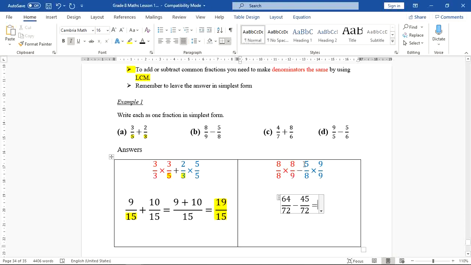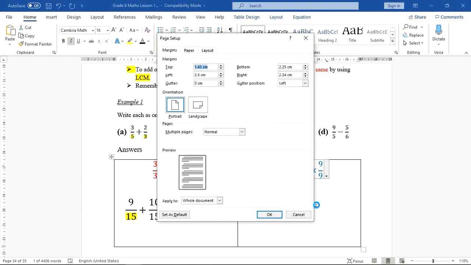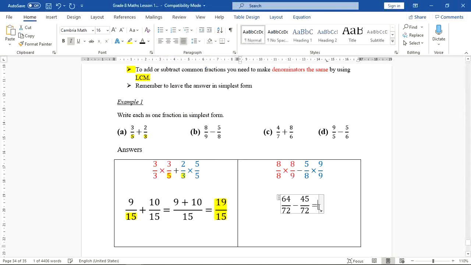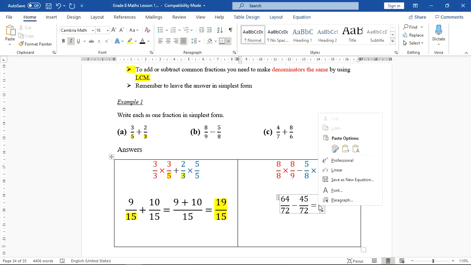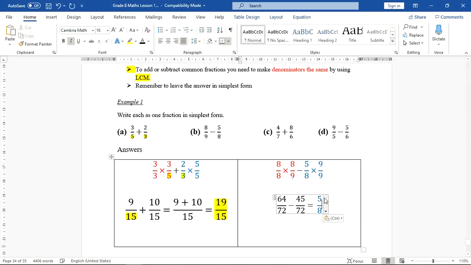So I need a fraction, copy this. I know there's another method to do this, so whatever method you're comfortable with, you can just use it. But this is one of the methods that you can use.